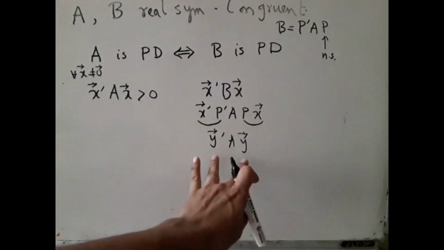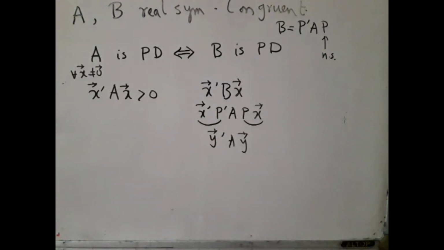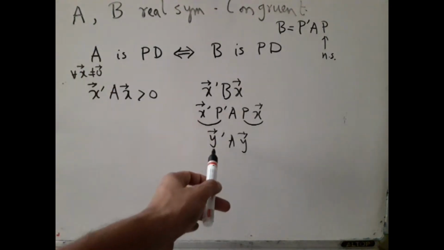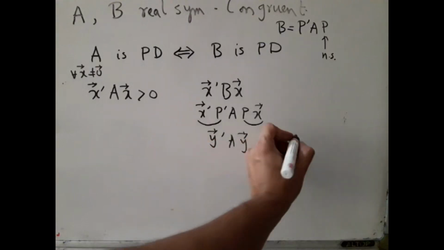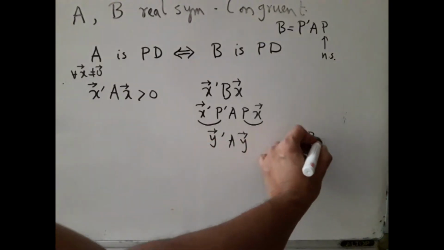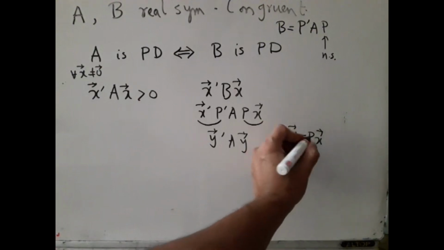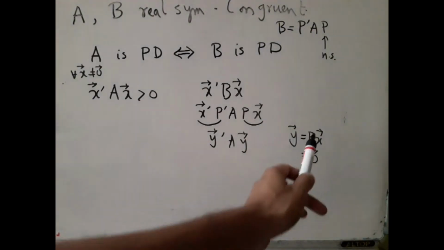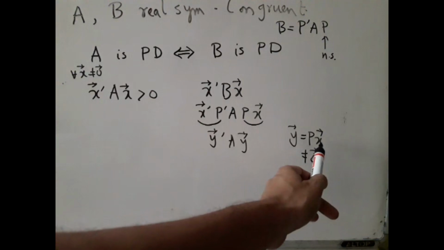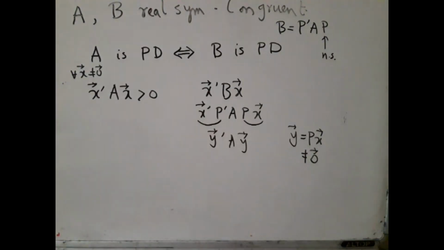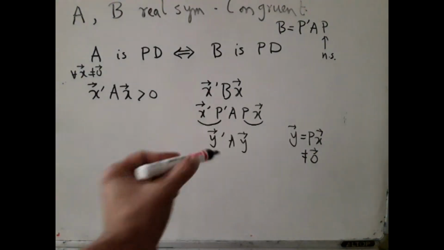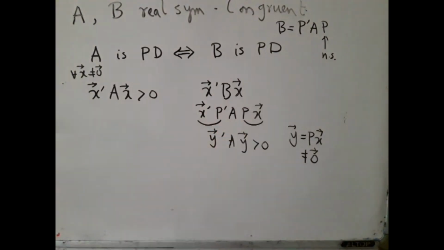Now can I immediately say that this is strictly positive? Well, I had the condition X is non-zero, but is Y non-zero? Well, it is, because Y being Px cannot be 0 because P is a non-singular matrix. It cannot multiply a non-zero vector and produce just the null vector. So this is also strictly positive.